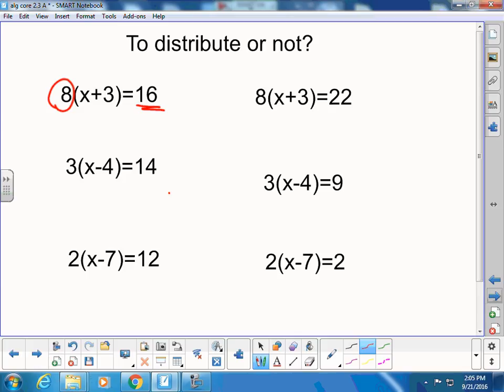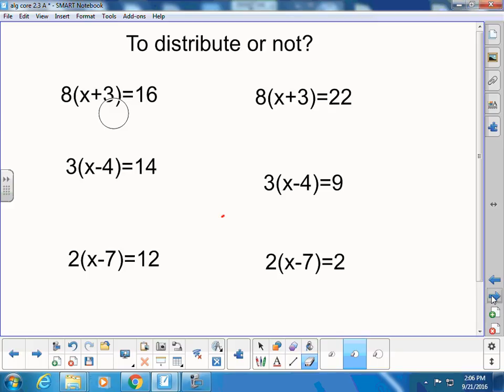Just like when we had 8x equals 16, the way I would undo that 8 is divide by 8. I can do that here. So in this case, if I divided both sides by 8, actually, let's first do it without dividing by 8.